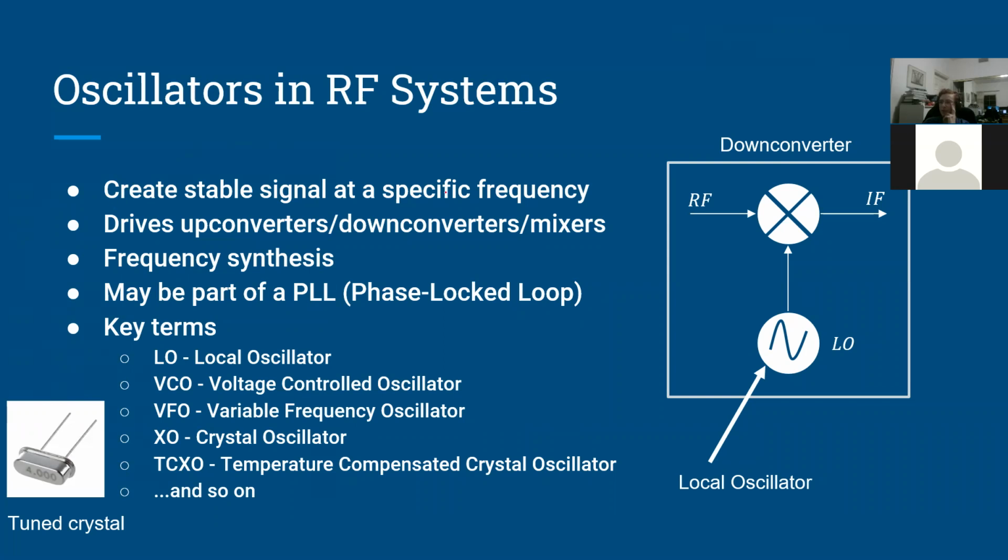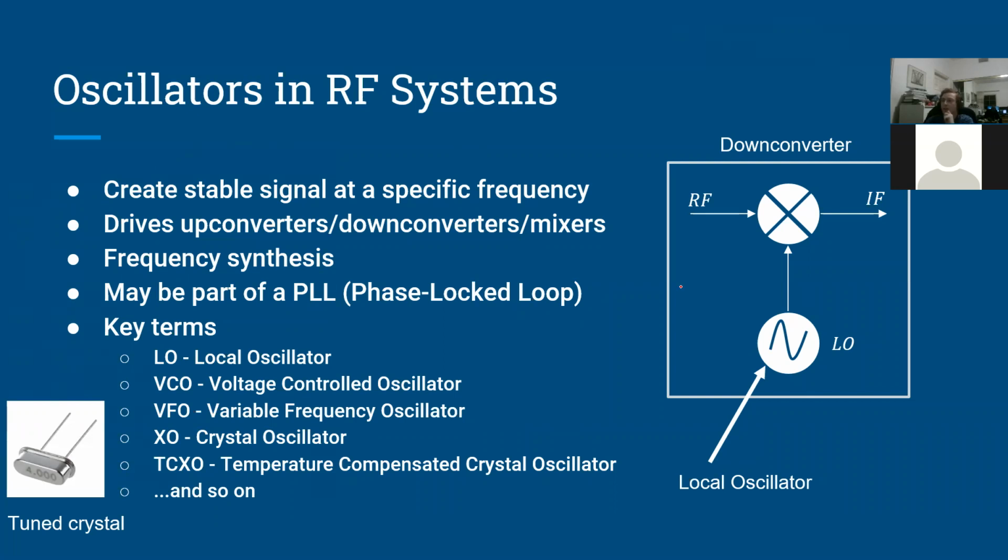They oscillate at a certain frequency, and usually one frequency only. The goal is to create a stable frequency with a stable amplitude that doesn't start drifting off to other frequencies. And where are these oscillators used?